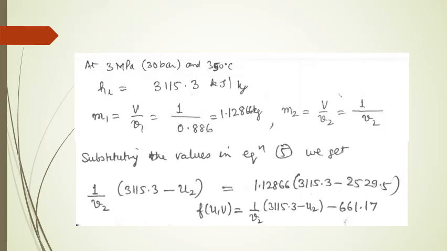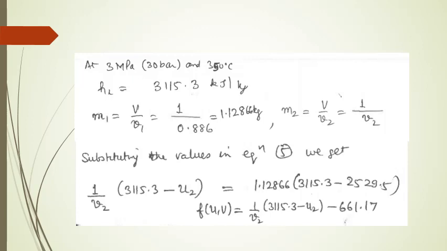Now M1 is basically the mass of steam in the tank at the starting of the process. So that is obtained by dividing the volume of tank by specific volume at state 1. So that gives me the value 1.1286 kg.